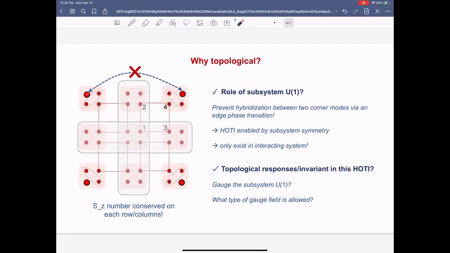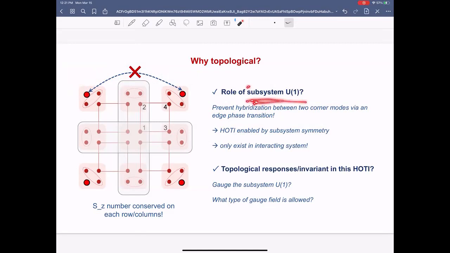Without a subsystem U1 symmetry, in principle, we can drive a phase transition which only appears at a boundary, without closing the bulk gap, to hybridize the two spins from the two corners and fully gap them out. Or without subsystem U1 symmetry, in principle, I can always decorate something like a 1D AKLT chain at a boundary. And the additional zero mode will finally gap out the corner mode.